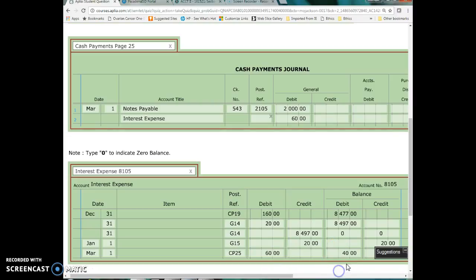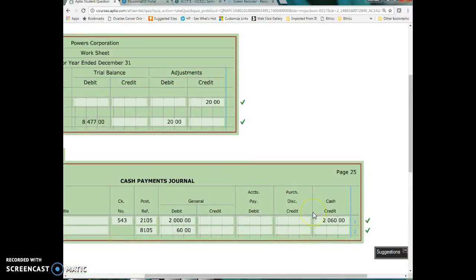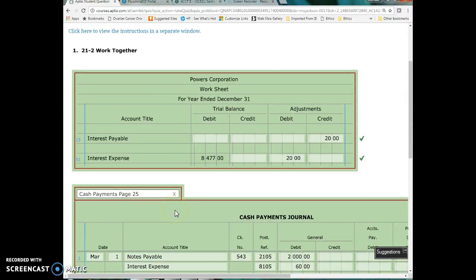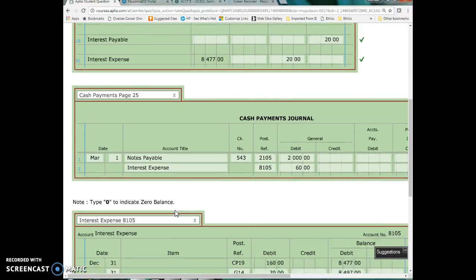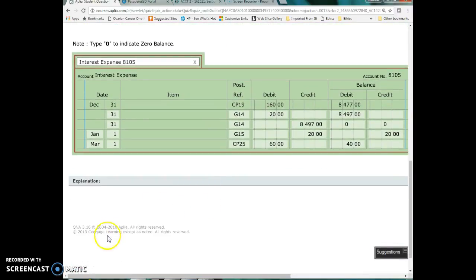Debit balance of $40. Then we have 8105 up here. Done. All right. Happy adjusting, journalizing, reversing, posting, and paying. We're done.